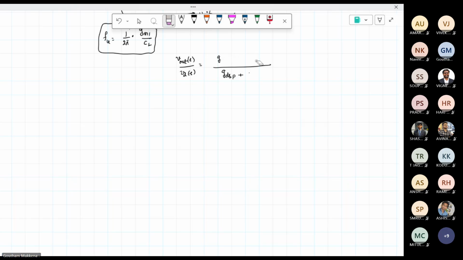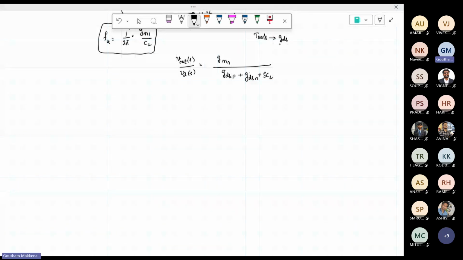So this is just GMN. Why am I writing GDS? The tools give you access to this term GDS. Even both Cadence and LT Spice specify the small signal parameter GDS, not RDS. That is the only reason we are writing it in terms of GDS.